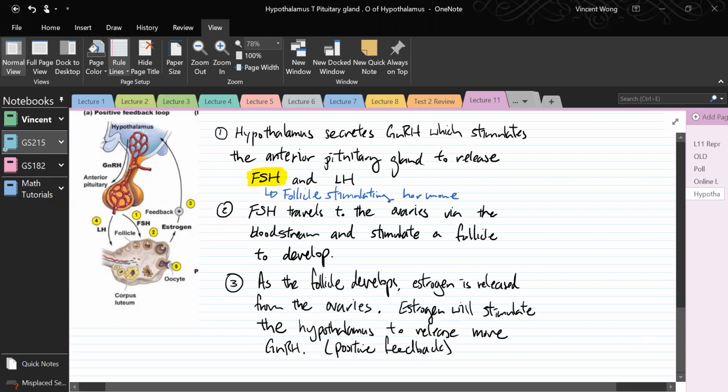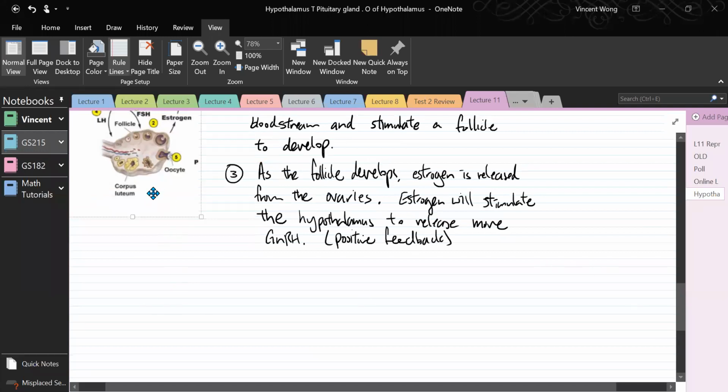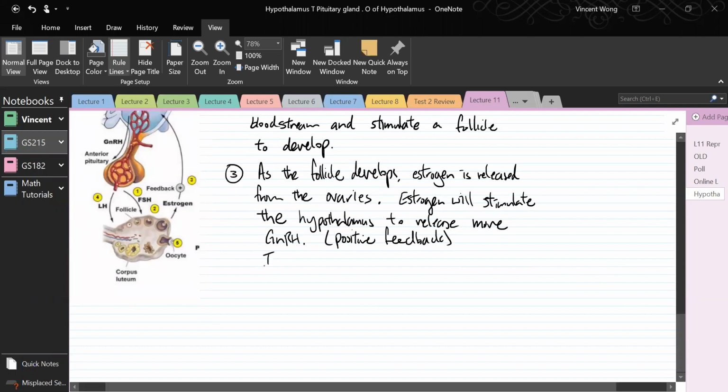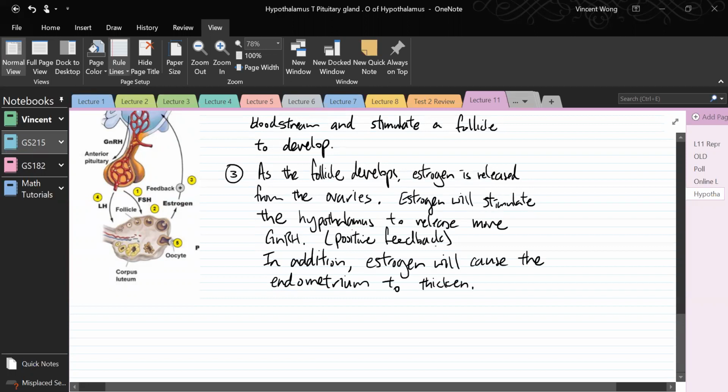Now, not shown in this diagram, but equally important is this. In addition, estrogen will cause the endometrium to thicken by stimulating new blood vessels to form.